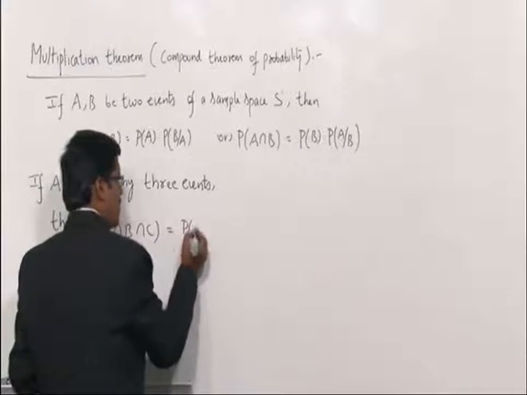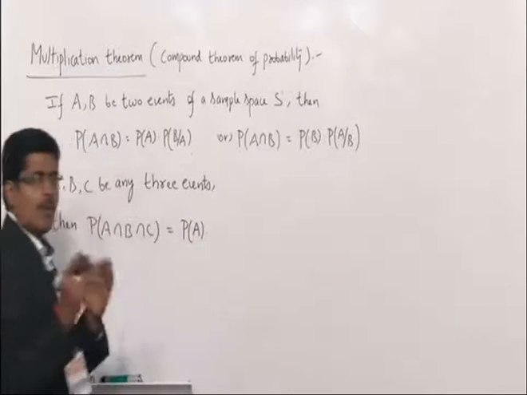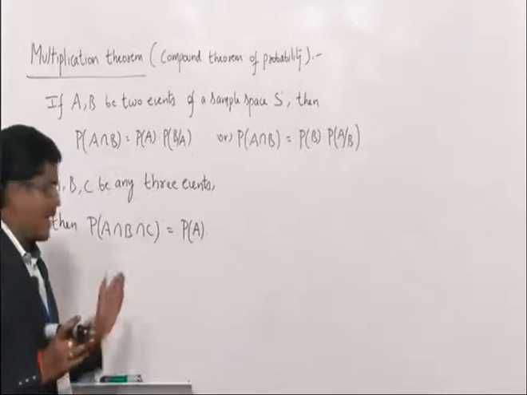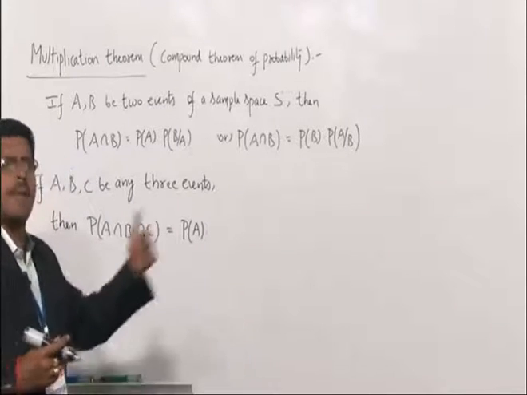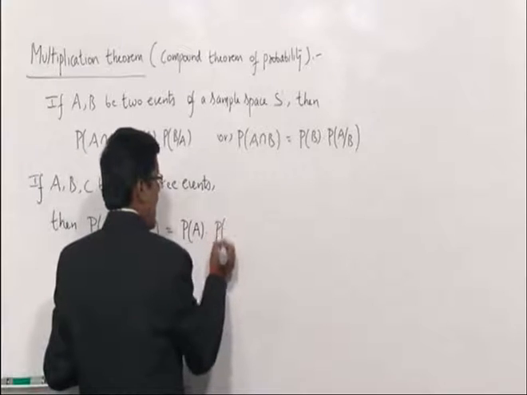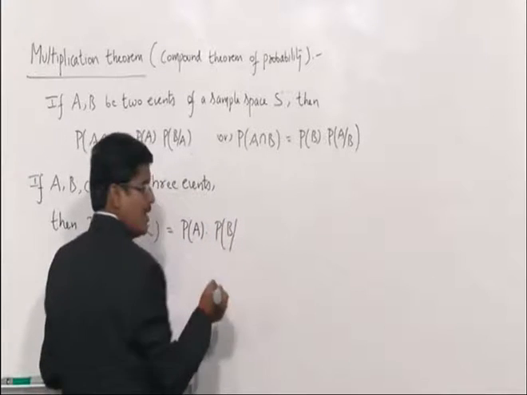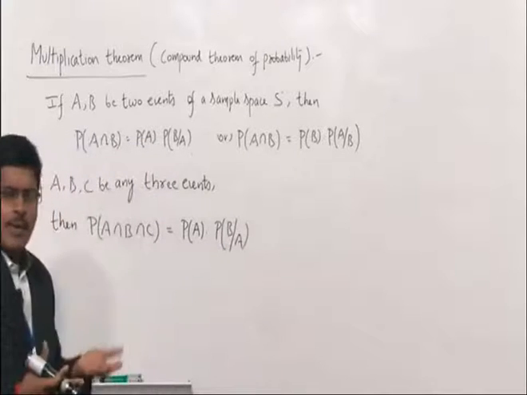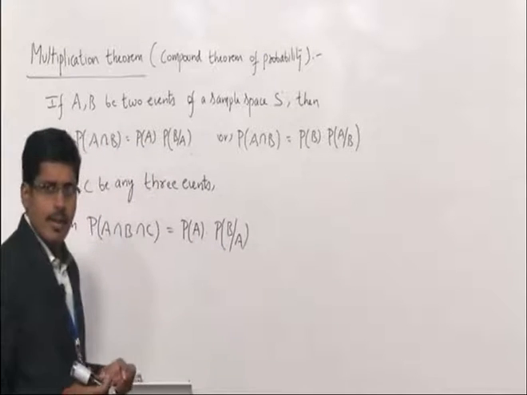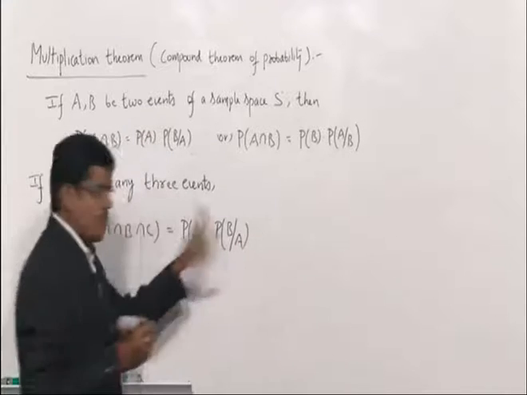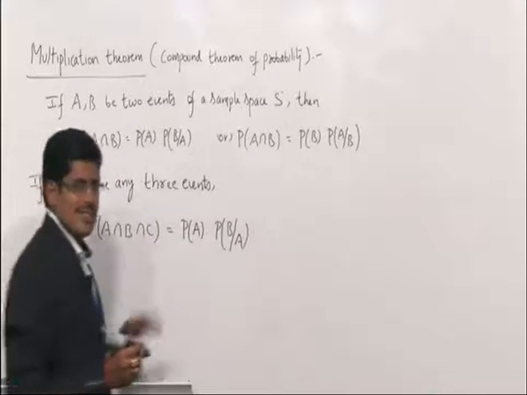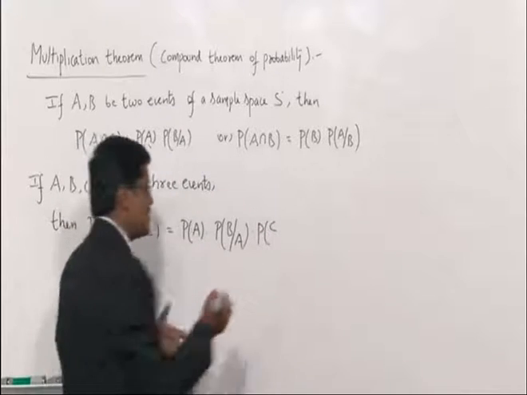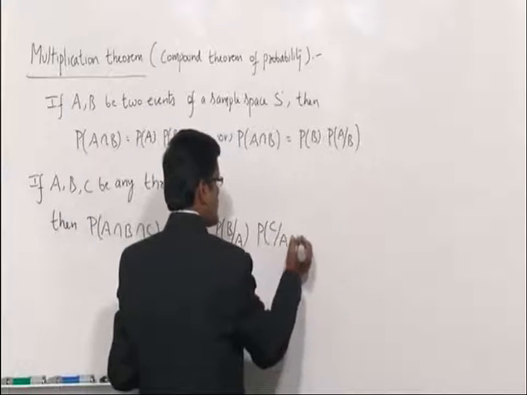Suppose A has happened first, that means first term is probability of A. Next, which is going to happen randomly, you take either B or C, but consecutively I am taking. Suppose B is happened second, then already which is happened first? A. Whatever the things happened in the previous step, you keep that in the denominator. Next, A happened, B happened. What is going to find next? C. That means we are finding the probability of C. Already which are happened? AB. That is, AB is nothing but A intersection B.